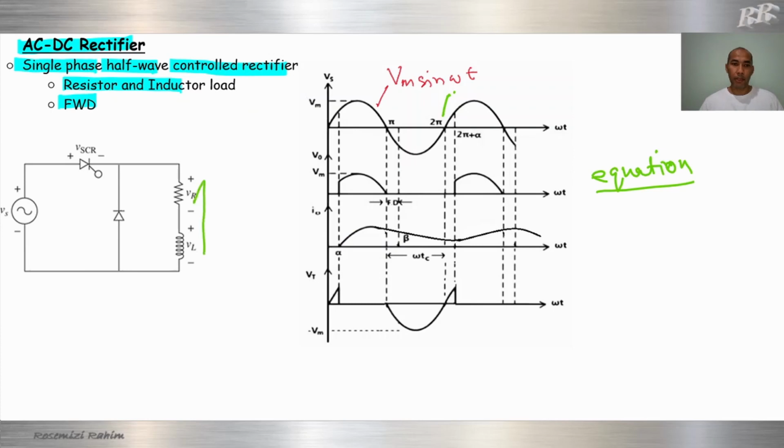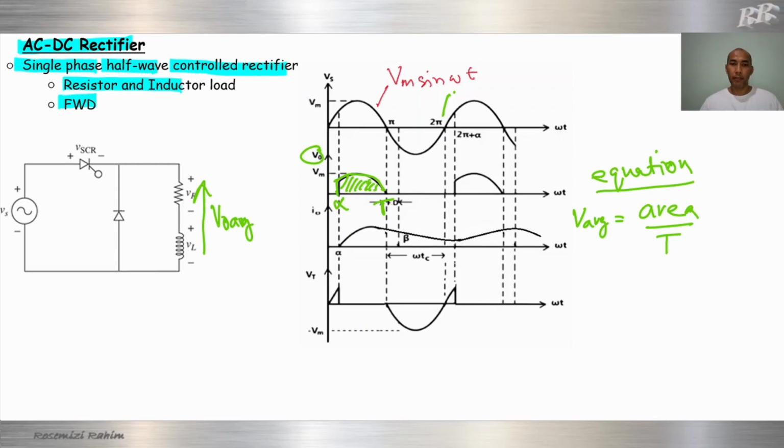First, we check the average output. V out average is equal to the area divided by the period. The area under the curve is here, from alpha to pi.